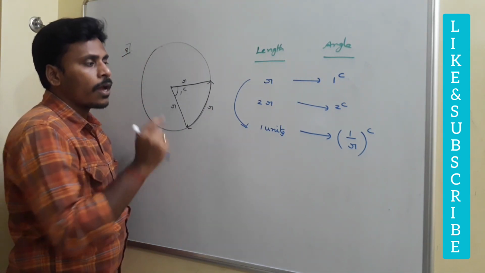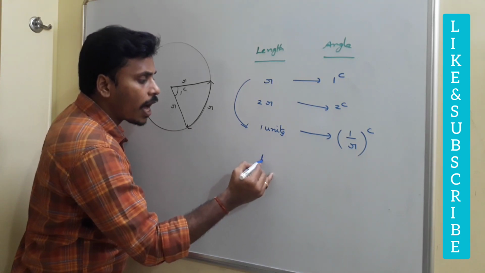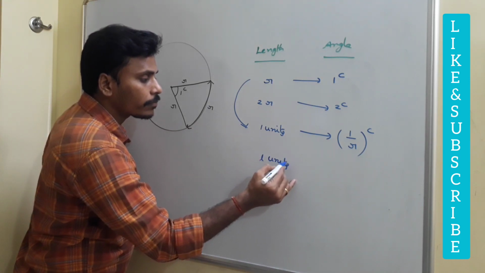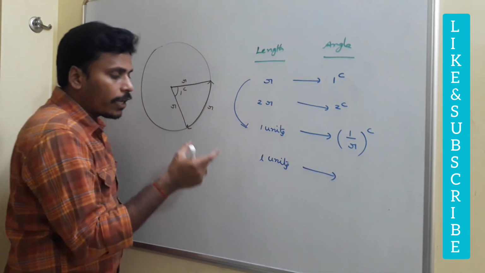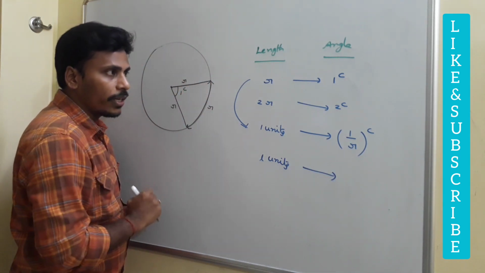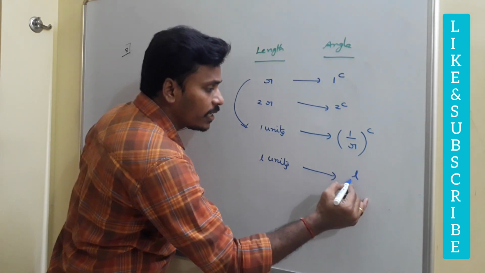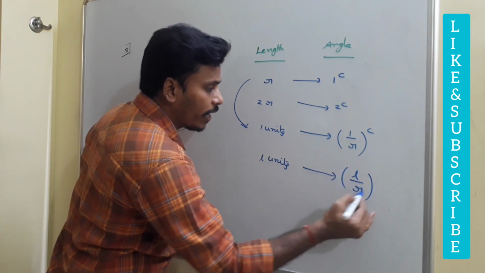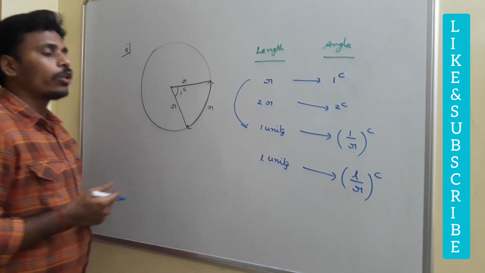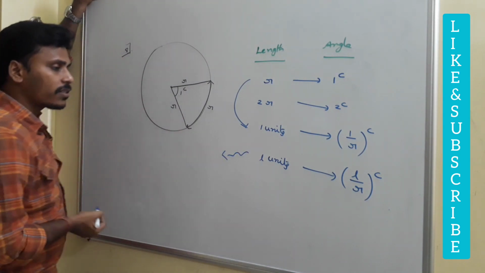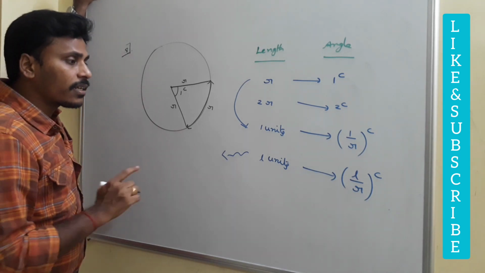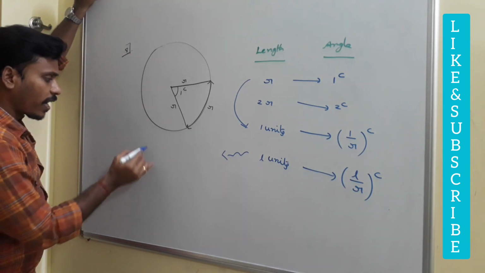Now, if the length of the arc is some L units, then the angle at the center is L by r radians. We need to multiply both with L. This situation, where the length of the arc is L units and the angle at the center is L by r radians, is described by this diagram.